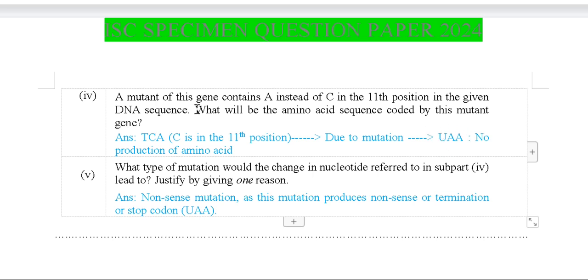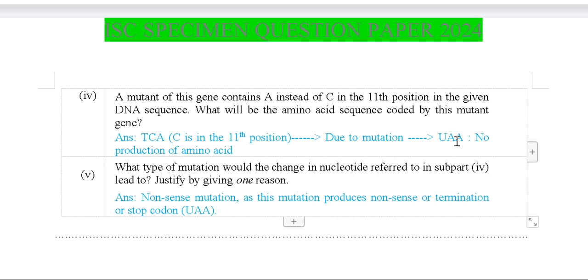If the gene mutation happens at the DNA level, it will be reflected in the mRNA, which forms the complementary base sequence. So UAA will form, and UAA will not code for any amino acid, because it is the stop codon or termination codon.